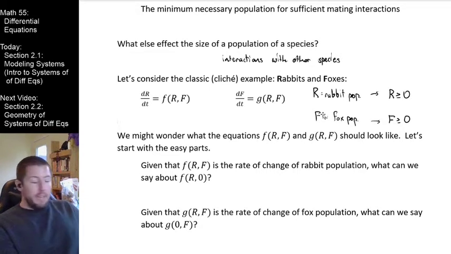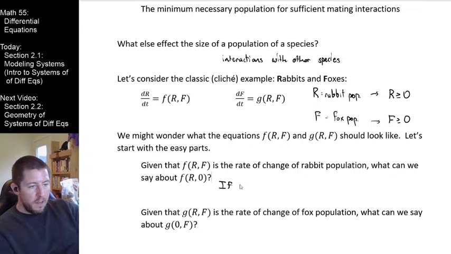So, given that f of r,f is the rate of change of rabbit population over time, what can we say about f of r,0? So this is asking, in more direct English words, if there are no foxes, what will happen to the size of the rabbit population? So that 0 is in the fox population slot.